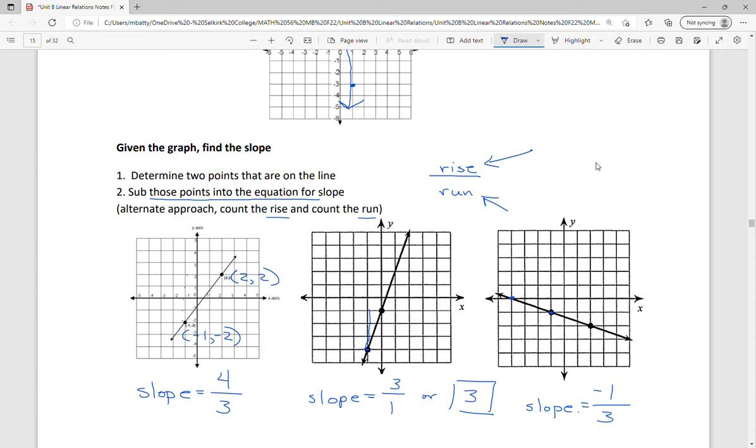So all the points on the graph that work out nice and neat have those same instructions. So here I'm going down 1 and over 3 to get to the next. Down 1, over 3, down 1, over 3. It's a consistent rate of change for a straight line. And do keep in mind the overall positive and negative slopes. You know the pictures of those. So keep those in mind.